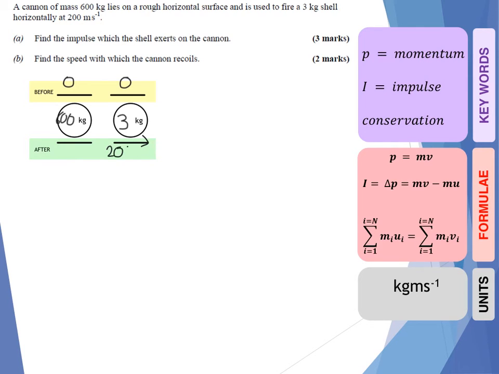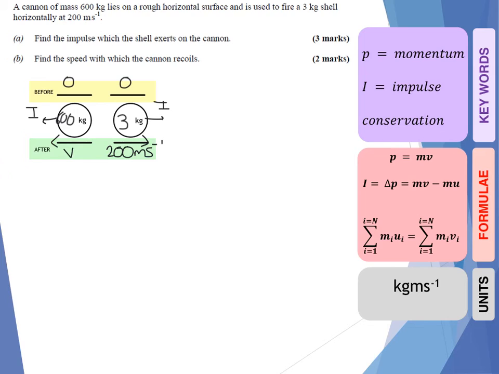We don't know yet what's going to happen to the cannon, but we can guarantee that if the shell is firing forwards, then the cannon has definitely got to be recoiling backwards, otherwise there's no way we'll ever conserve momentum.